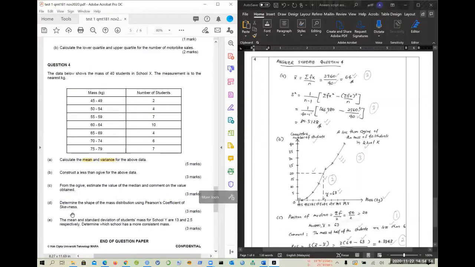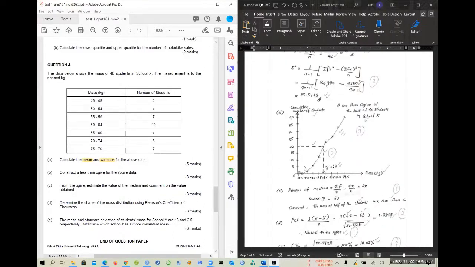And then lastly, you have to determine the shape of the mass distribution using Pearson coefficient of skewness. So you already have the median value over here. To find the median, first find the location of the median, that is 40 divided by 2, you get 20. And then try to locate the information in the x-axis.